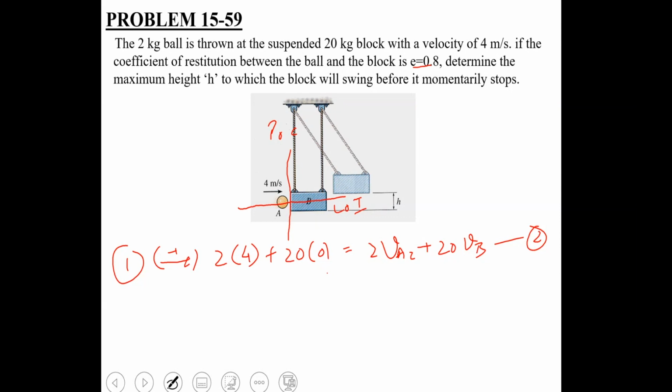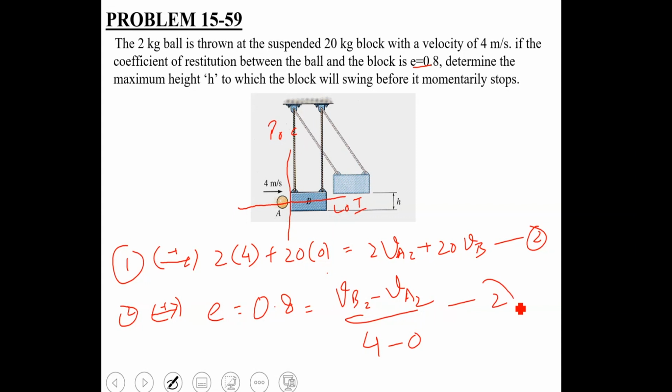Okay, for step number 2, we are going to apply the coefficient of restitution equation along the line of impact. The value for this coefficient of restitution is already given to us as 0.8, and by formula this coefficient of restitution would be equal to VB2 minus VA2 divided by VA1, which is 4, minus VB1, which is 0. So this will give us the second equation in terms of VA2 and VB2.